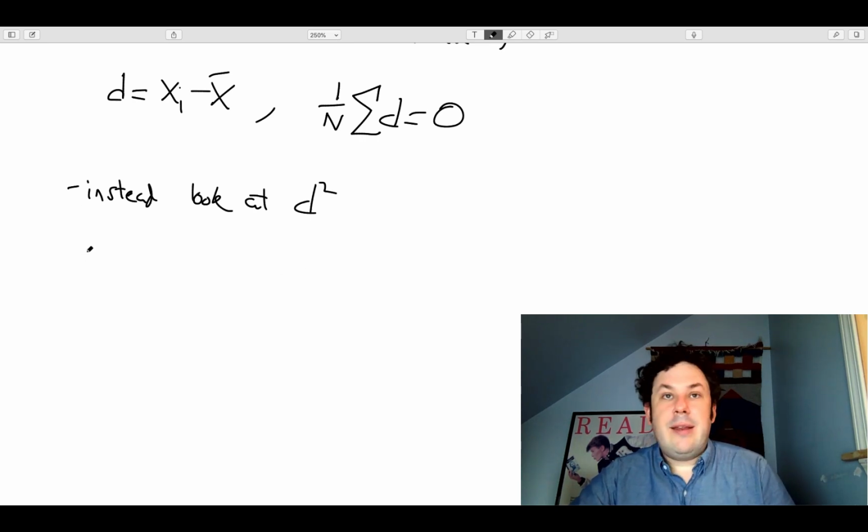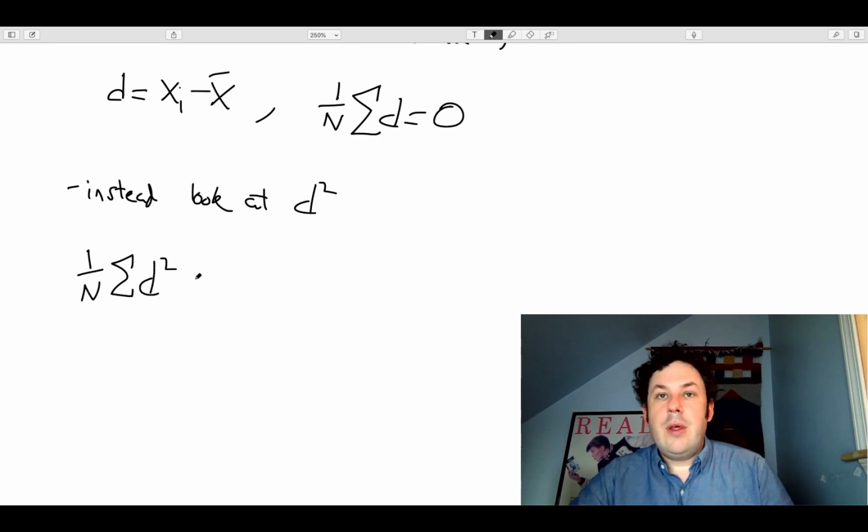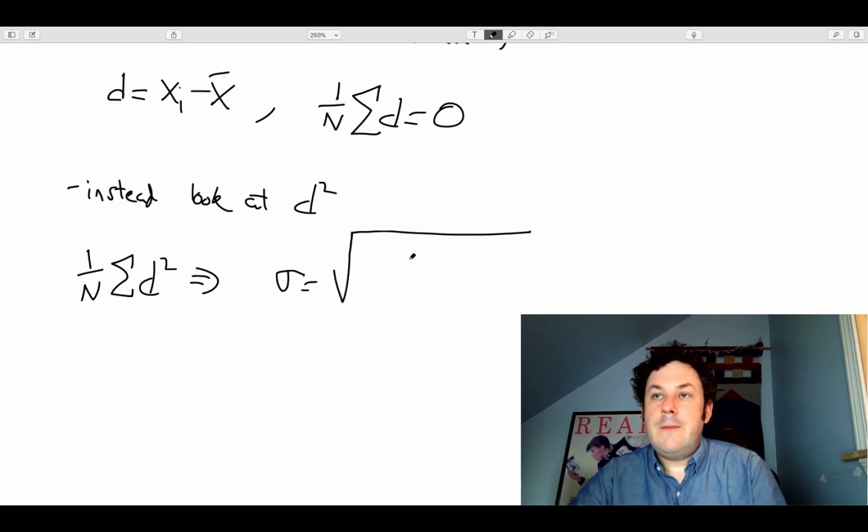So what we're going to look at instead of the average of d is the average of d squared. And so we call that the standard deviation, or sigma, and this is the full equation. I'll just write it right now. 1 divided by n times the sum over the individual values, subtracting off the average value, and then you square that.